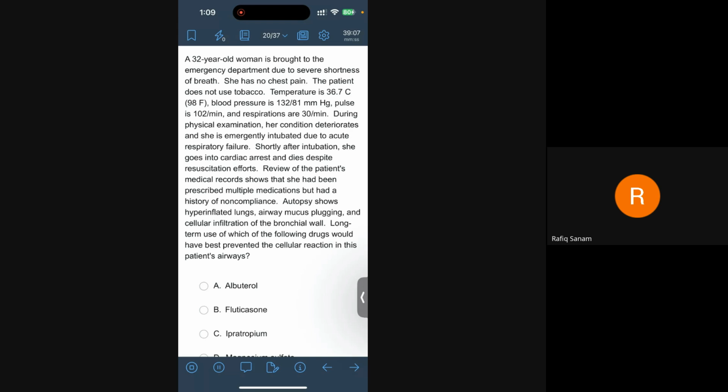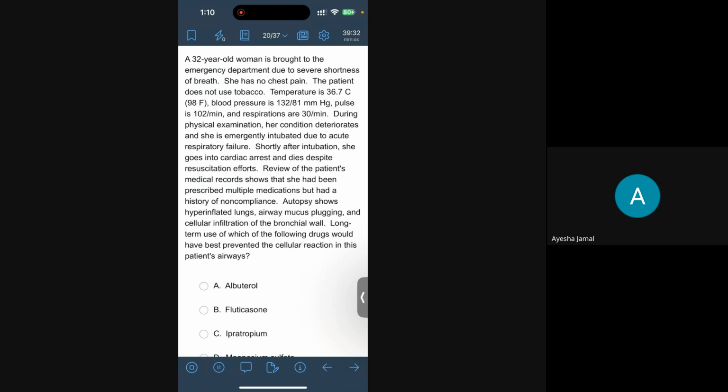Then how can it be emphysema? What is damaged here? The bronchial wall is damaged here. There is cellular infiltration of the bronchial wall. Emphysema affects the distal alveoli. Emphysema does not affect the bronchial wall.